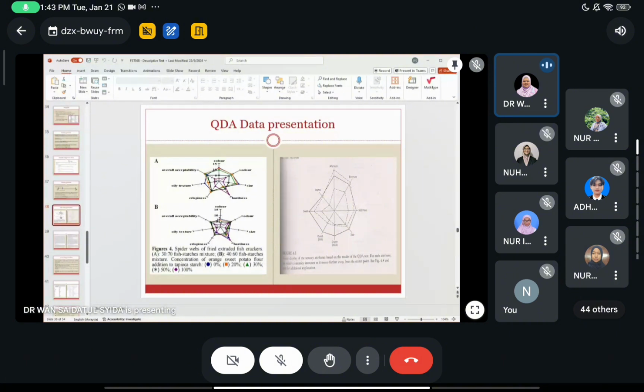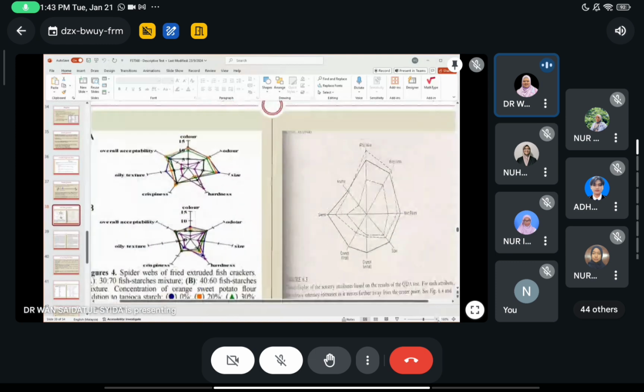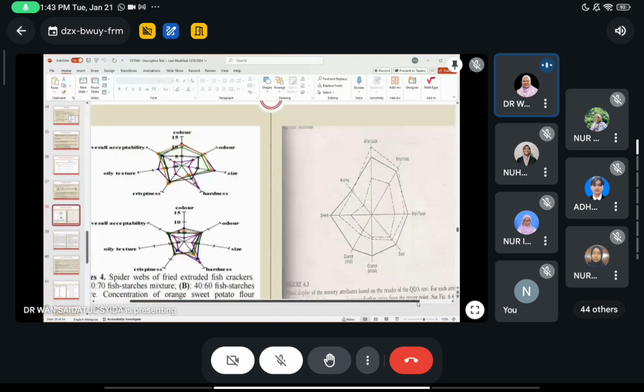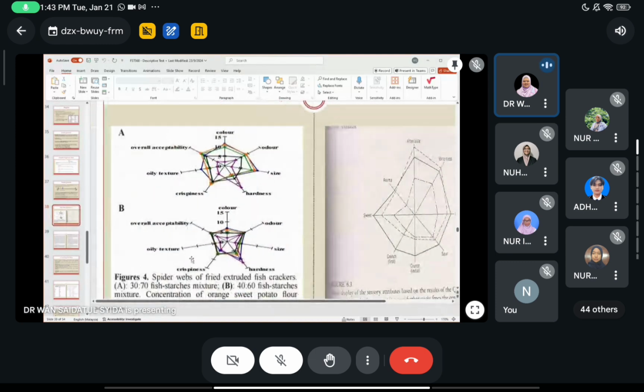However, whatever you draw here should be embedded back with the panel's scale. Whatever your panel measures should be embedded here. Use different colors to design the spider web, and then you have to do annotation.